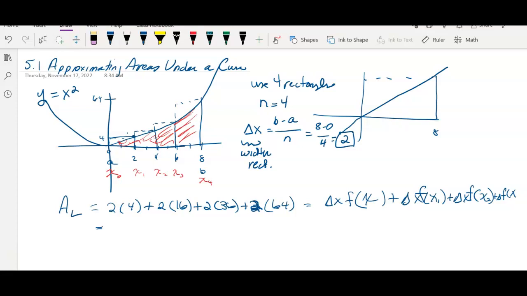Stop myself. I get so excited. It's not x sub 0. So to understand this formula, go back to the first triangle. We didn't use x sub 0 because we said it was a right-hand area. What did we use? X sub 1. So let me just change the subscripts. It's 1, 2, 3, 4. All right, that's what we did.